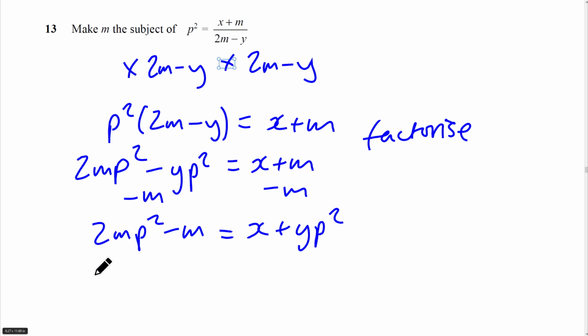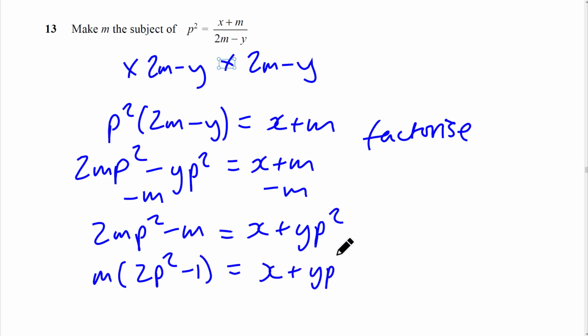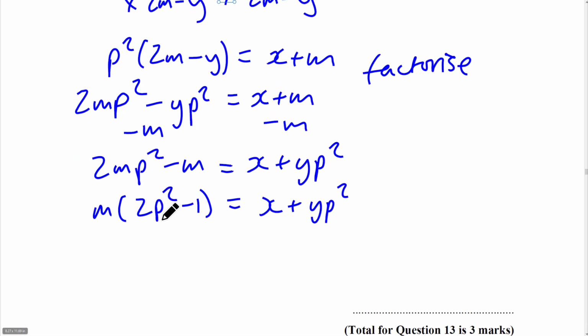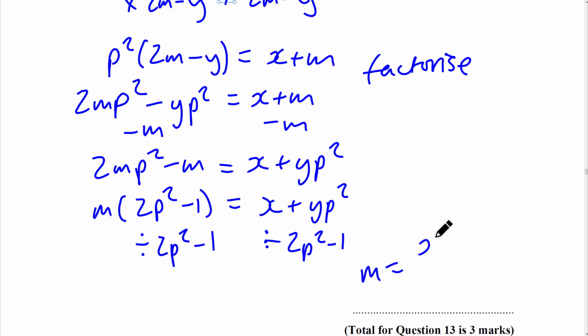Factorise this out, take the m out, so you're going to get 2p squared minus 1, and then you divide out by your 2p squared minus 1. Which will leave us with m equals x plus yp squared divided by 2p squared minus 1.